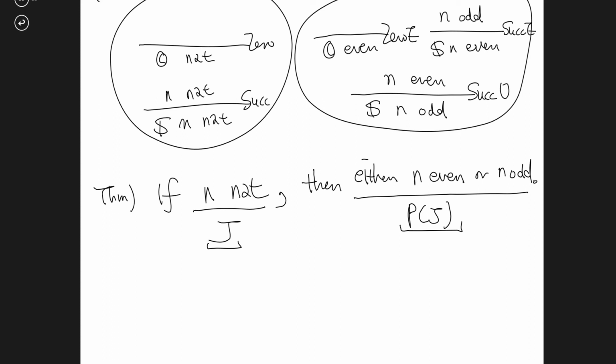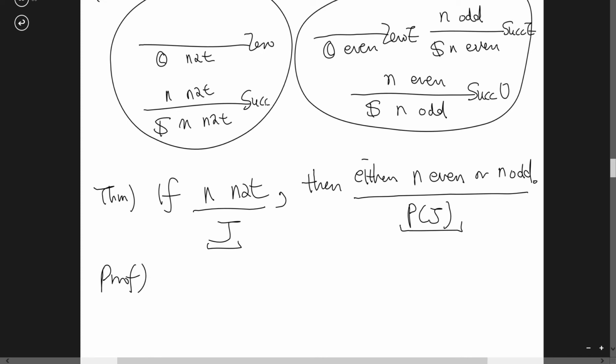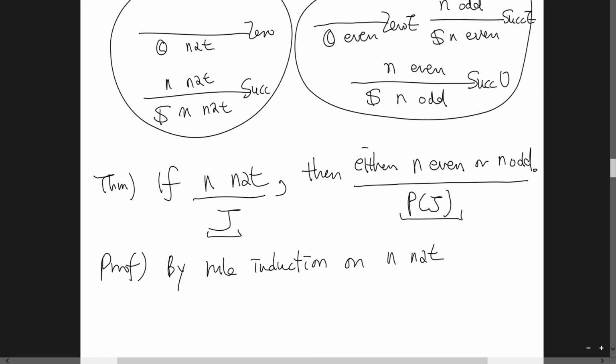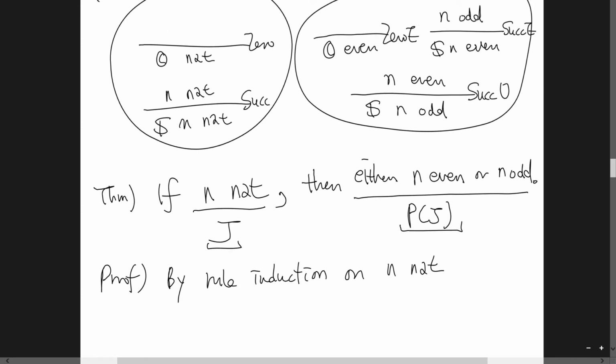And the proof proceeds by rule induction on judgment n nat. So it's very important to learn that we are applying rule induction on the judgment n nat, not to the syntactic object n here.